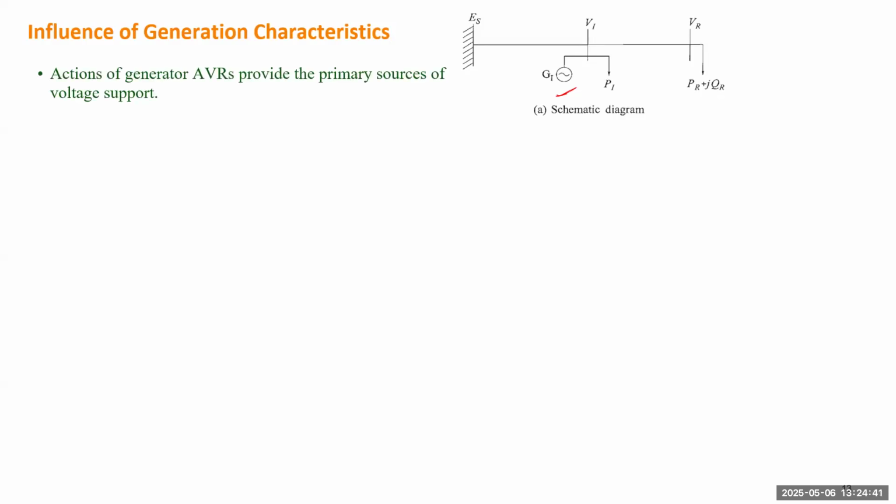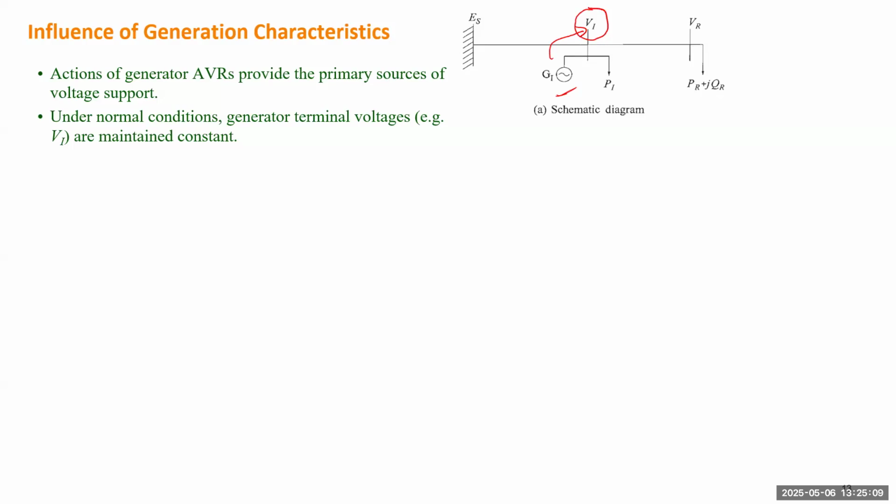We can also use the PV curve and VQ curve to study the control. The action of the generator AVR, the automatic voltage regulator, will provide some reactive power to support the voltage. Under normal condition, the generator terminal voltage is maintained constant. If the AVR is trying to maintain this voltage, it will be treated as constant voltage. So when you draw the PV curve, you can use this voltage as a source. The generator AVR control will make this bus a constant voltage source.